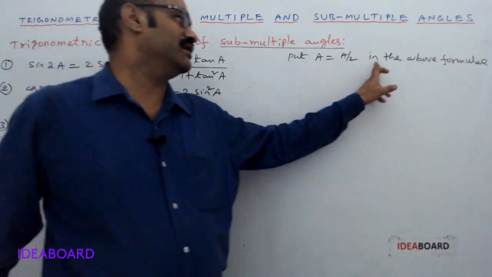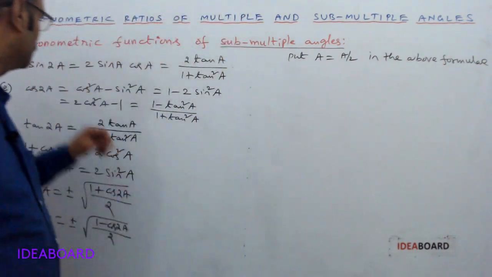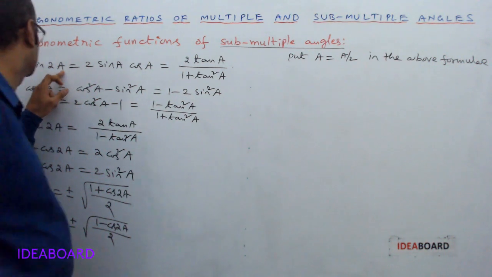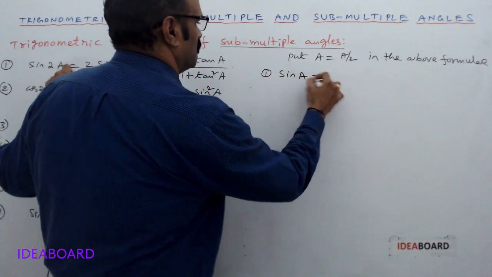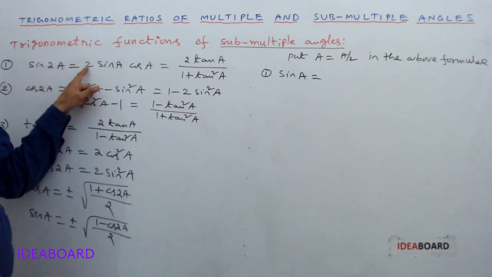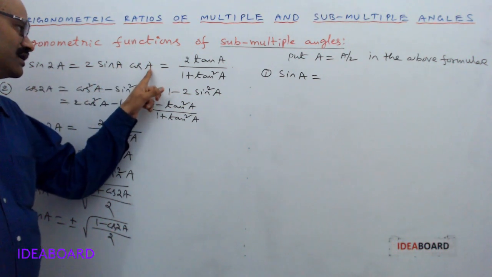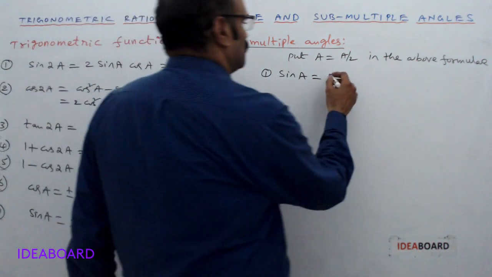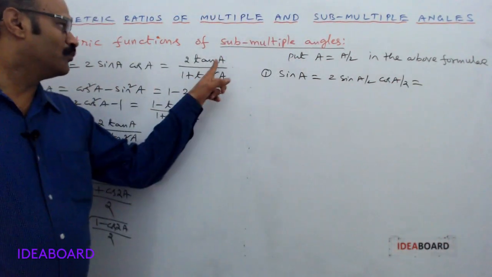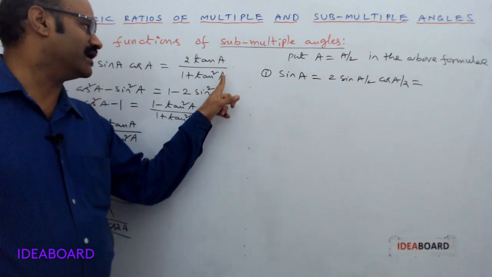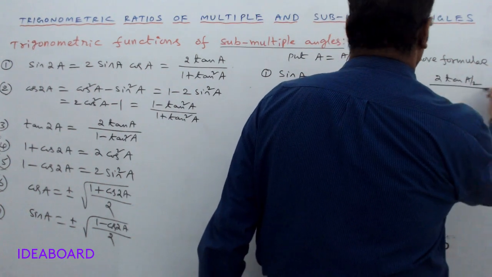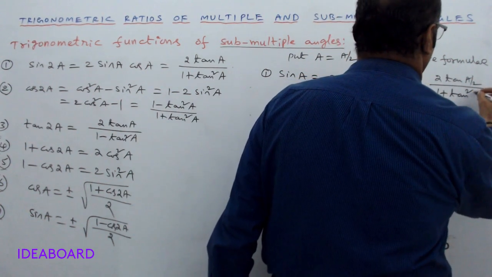Then 2 into A by 2 equal to A. The first formula, sin A equal to 2 sin A by 2 into cos A by 2 equal to, put A equal to A by 2, then 2 tan A by 2 whole by 1 plus tan square A by 2.